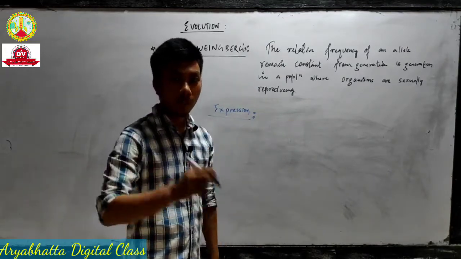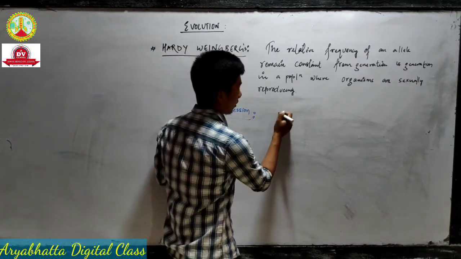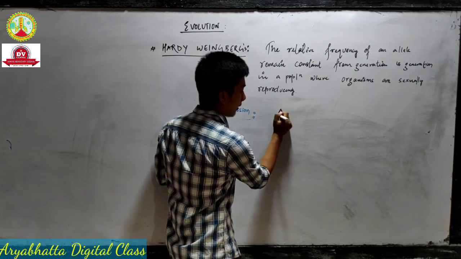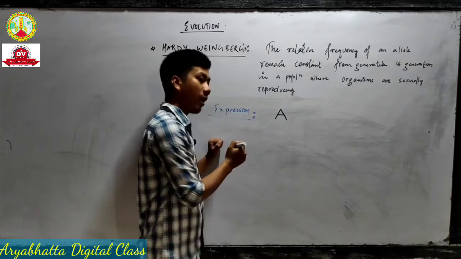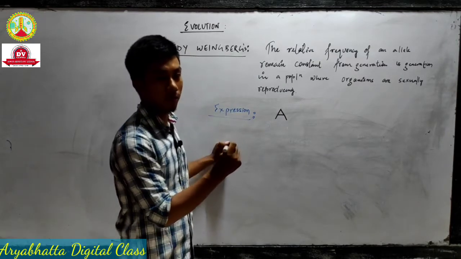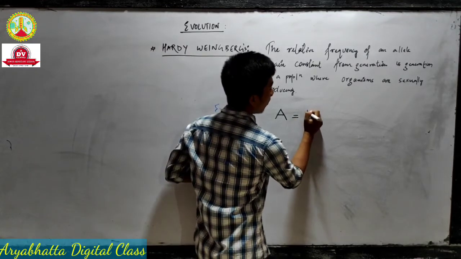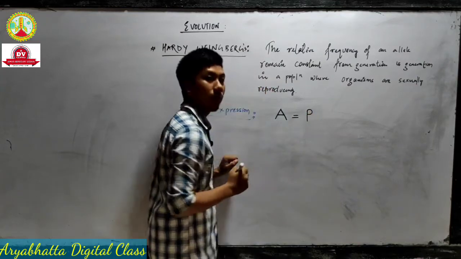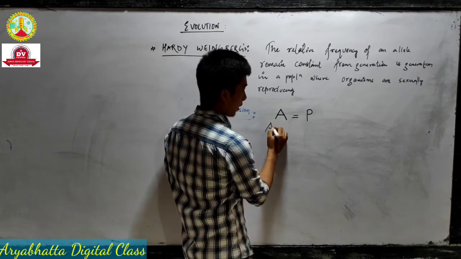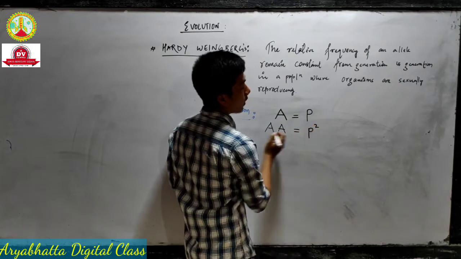Expression. So, the dominant allele we represent. Dominant is always written in capital letter. Recessive is always written in small letter. So dominant we write in the form of P. If it is homozygous dominant, we write P square.